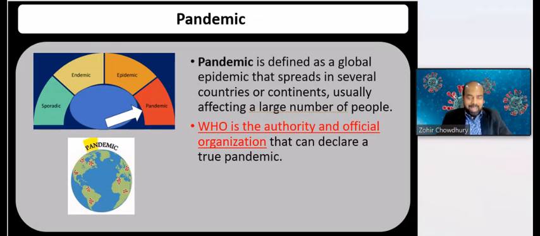So what is a pandemic? Pandemic is defined as a global epidemic that spreads in several countries or continents, usually affecting a large number of people. It is important to note that WHO is the authority and official organization that can declare a true pandemic.